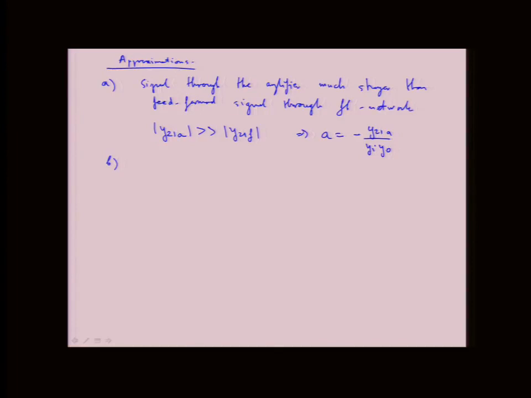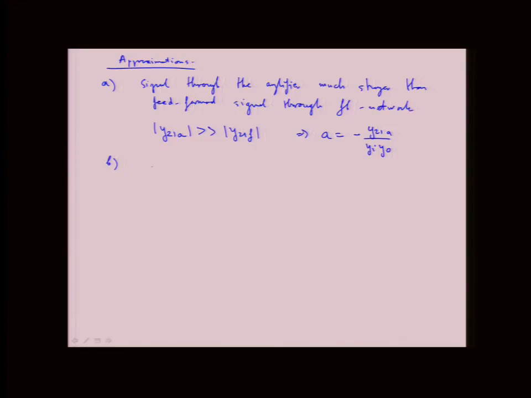The second one, and this approximation sometimes doesn't hold. In fact, toward the end of the class we'll do an example where this doesn't hold. Depending on the values of the resistors and the loading network, this may be a huge error or could be a very small error.